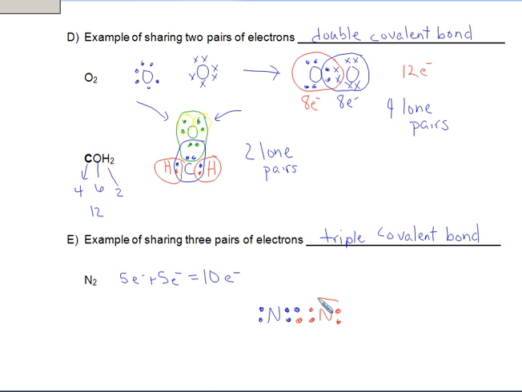This nitrogen has the full valence shell, and the second nitrogen also has the full valence shell. And just for fun, let's count the lone pairs. We have 1 lone pair here, we have a second lone pair here, so we have 2 lone pairs. These lone pairs are going to become very important later when we talk about the shapes of molecules.